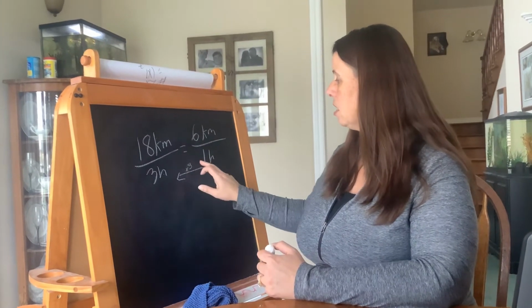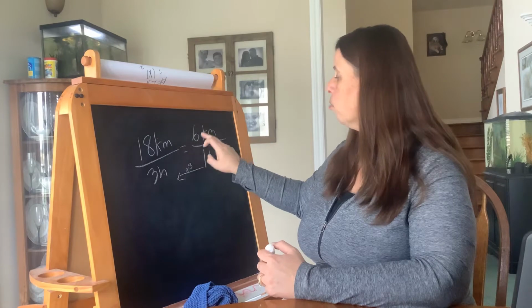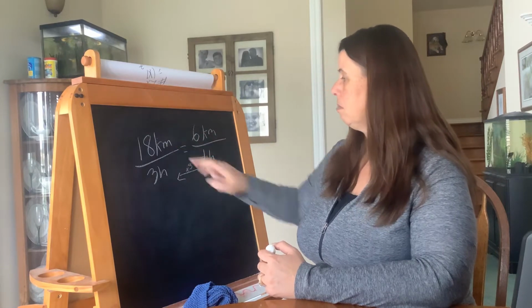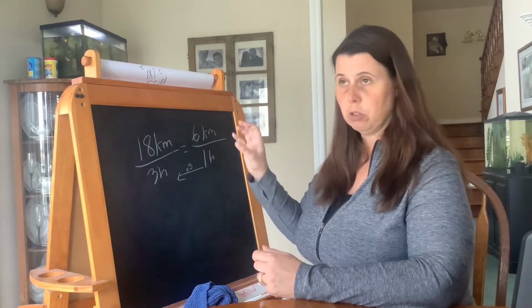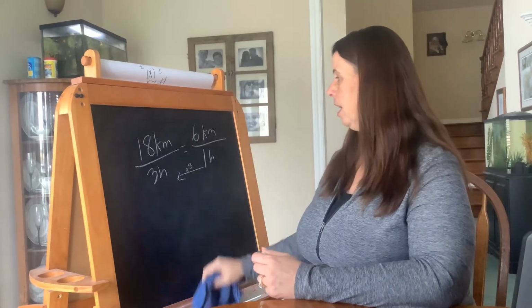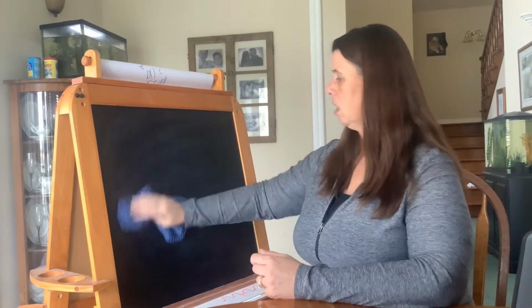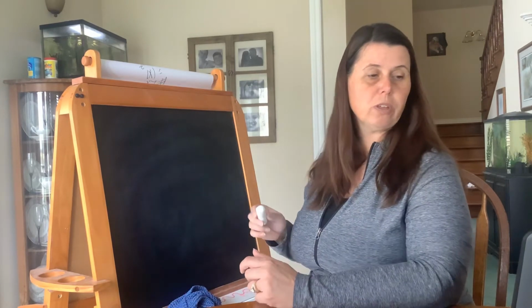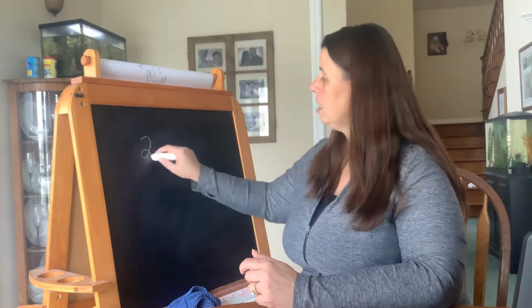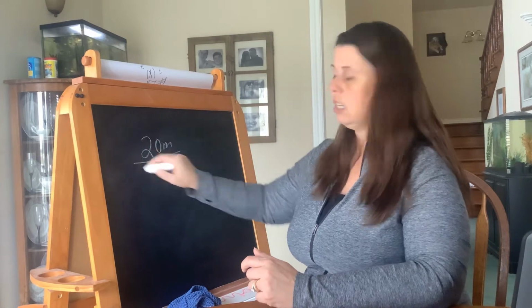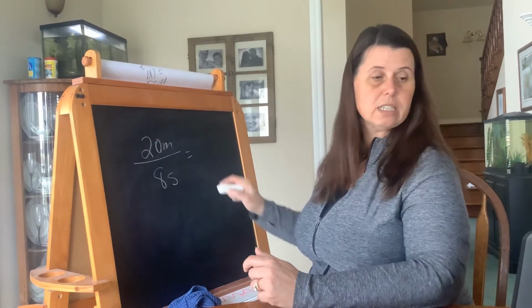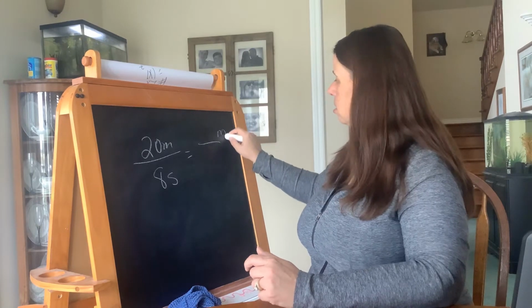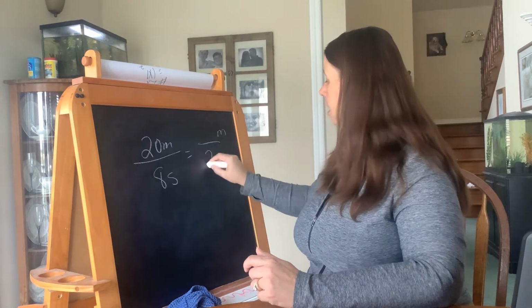Okay? This is the only tricky part, when you have to figure out what times this makes that. So count by your number that you know you multiplied by to figure out what that was. Okay? I feel like maybe I should do one more with you. 20 meters in 8 seconds is how many meters in 2 seconds?